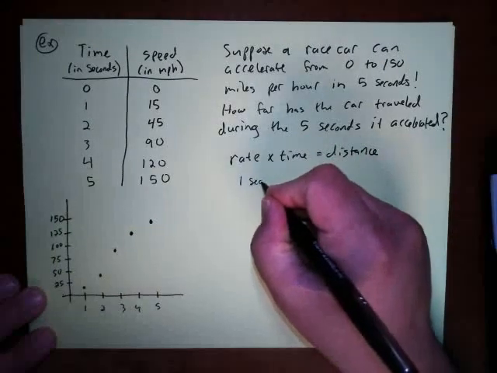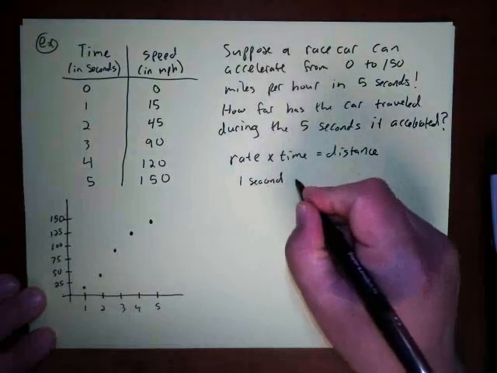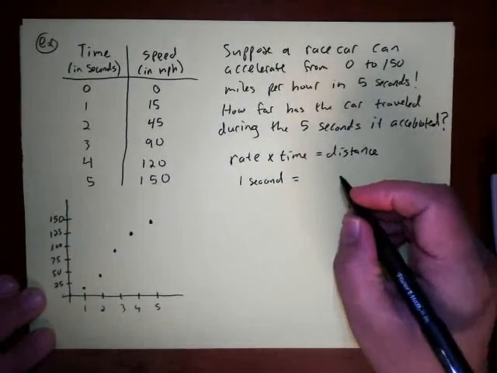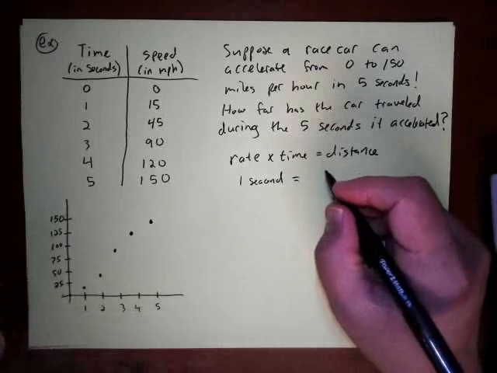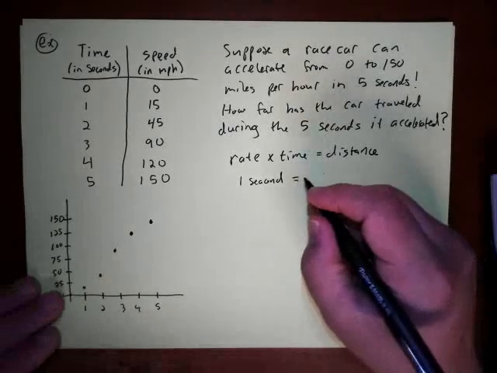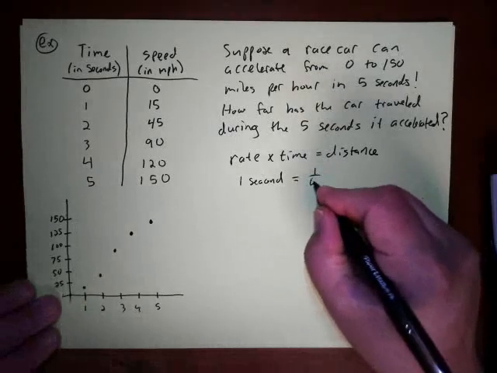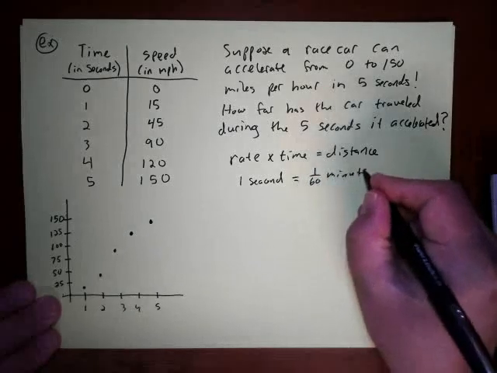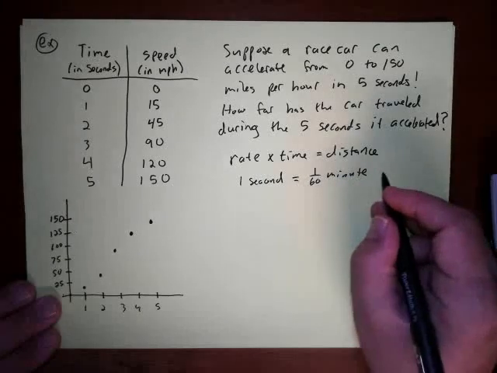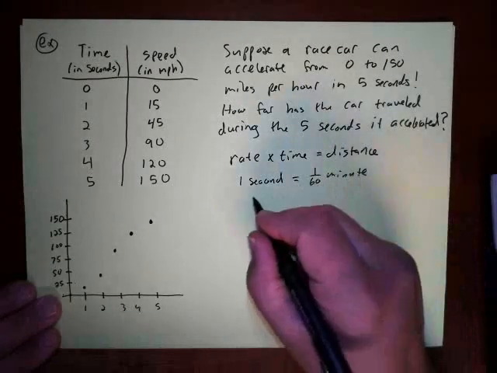1 second is going to be, there's 60 seconds in a minute, so 1 second is 1/60th of a minute, and 1 minute is 1/60th of an hour, right?